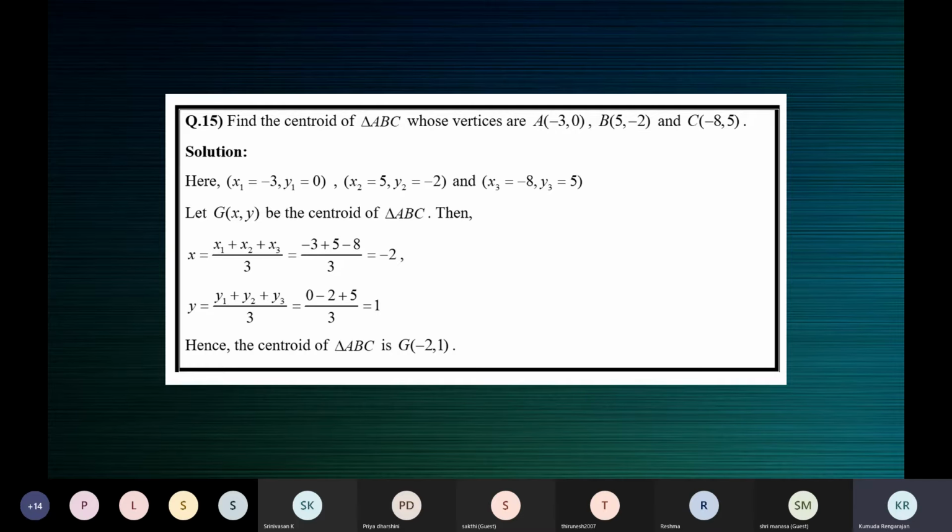Centroid is a point. It does not have any length. So find the centroid meaning find the coordinates of the centroid of triangle ABC whose vertices are given there. You see the answer?